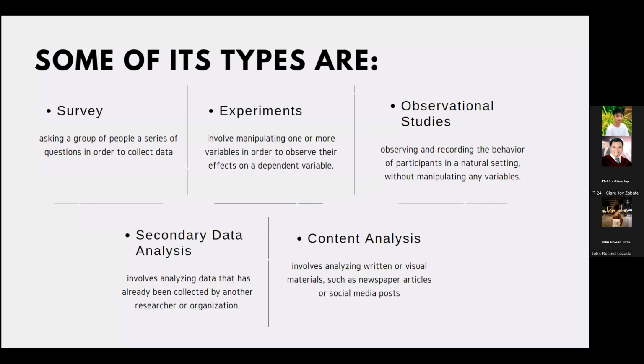Next is observational studies, which involve observing and recording the behavior of participants in a natural setting without manipulating any variables. Then we have secondary data analysis, which involves analyzing data that has already been collected by another researcher or organization. Lastly, we have content analysis. This involves analyzing written or visual materials, such as newspaper articles or social media posts, to identify themes or patterns.